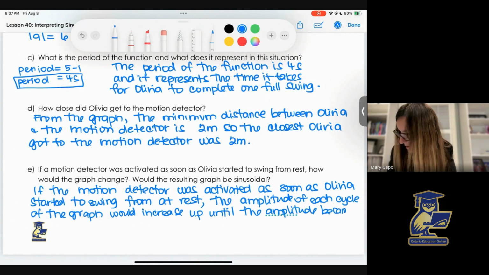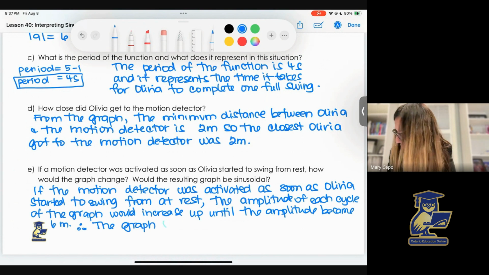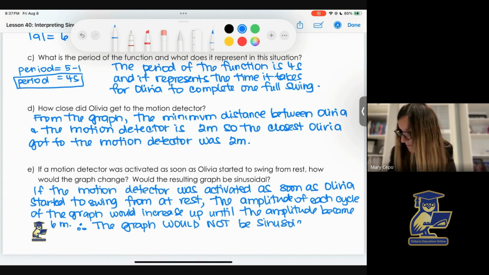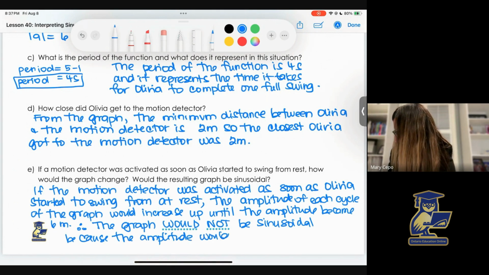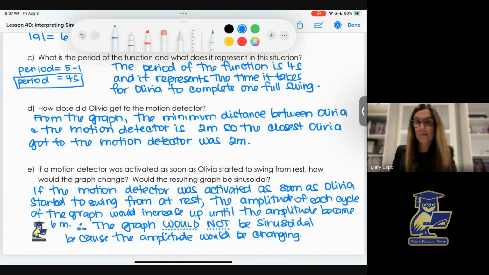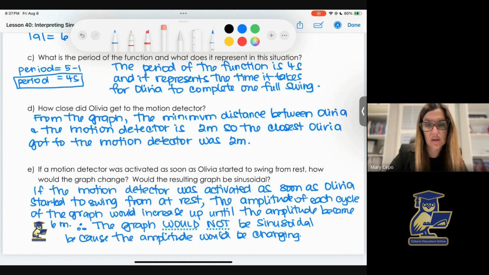Therefore, the graph would not be sinusoidal because the amplitude would be changing. The varying amplitude doesn't stay the same, so therefore it's not a sinusoidal function.